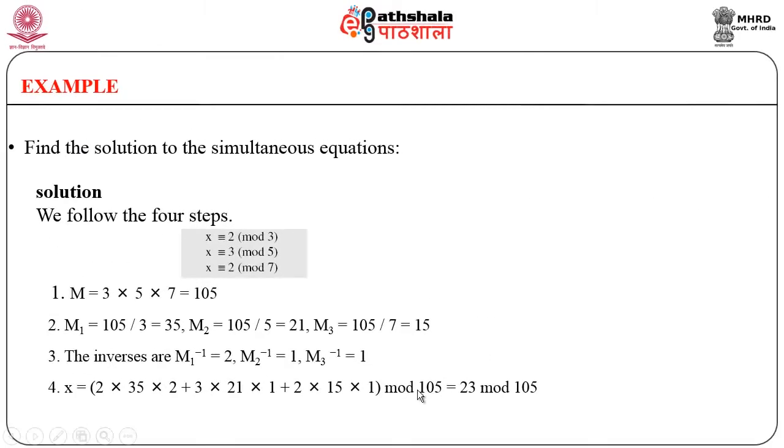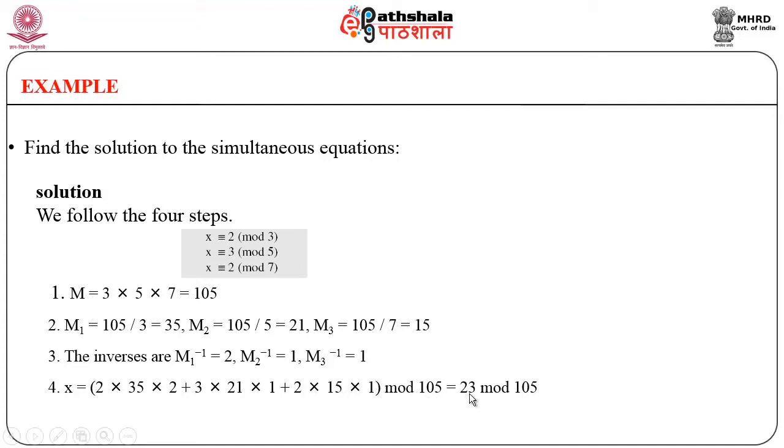Once I do the multiplication of these values, the result is taken mod 105, where 105 is the common value obtained in the first step of the theorem. After multiplying these values, we get a value which is divided by 105 to get the remainder, which is nothing but 23.